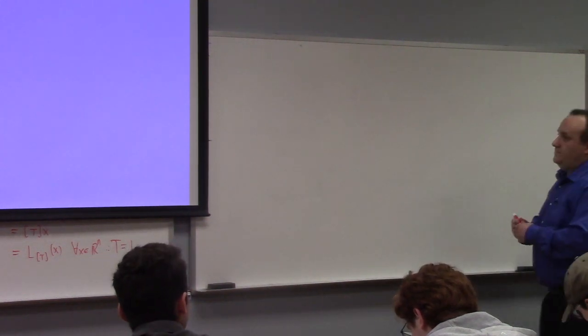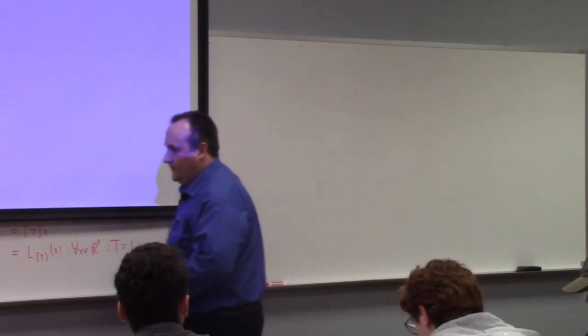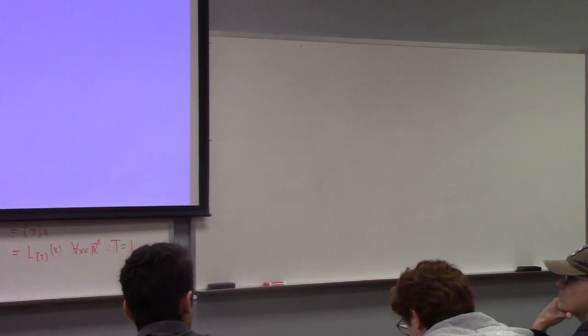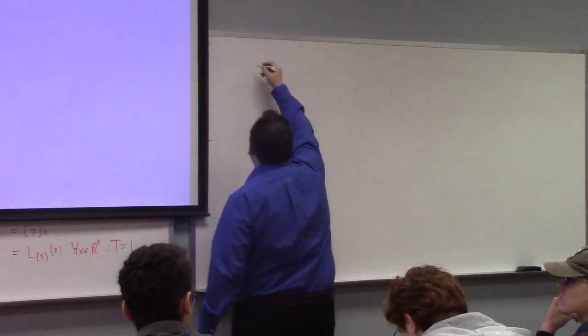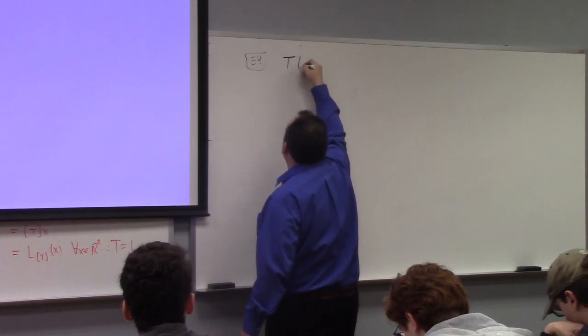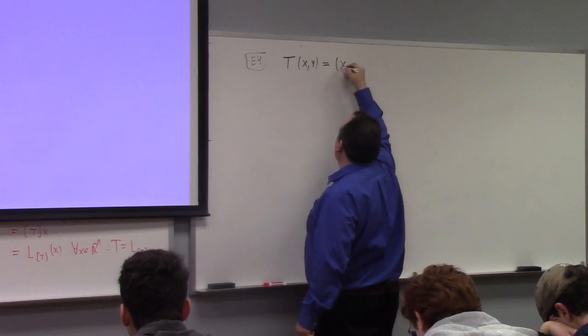And so, what example am I on? 4? All right, example 4, T of (x, y) equals (x, 0).